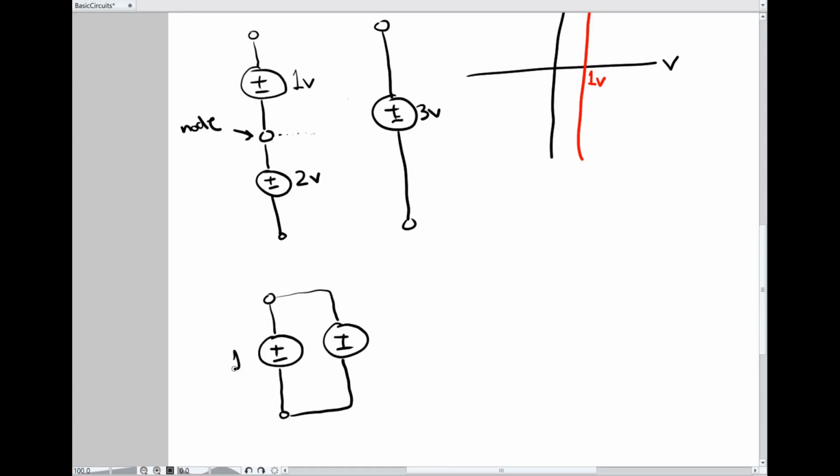So if we connect them in parallel, this is really confusing looking, because it's like, well, if it takes 1 joule to get a coulomb of charge from here to here, but 3 joules to get a coulomb of charge from here to here, that's conflicting, because how many joules does it take to get the charge from here to here? And what you're discovering here is that not all possible interconnects of circuit elements make sense, right?